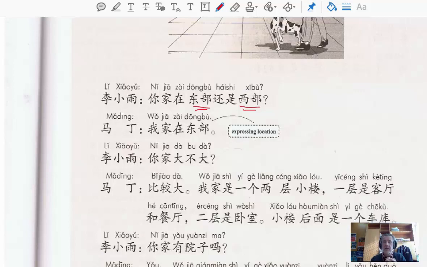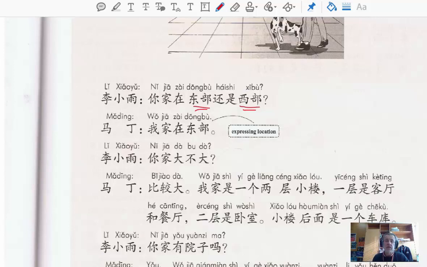You know, everyday customs and habits and so on are different. So when we don't live in the north part or the south part of the country, but we live in the east or the west part of the country, then we need to use these expressions 东部 and 西部.